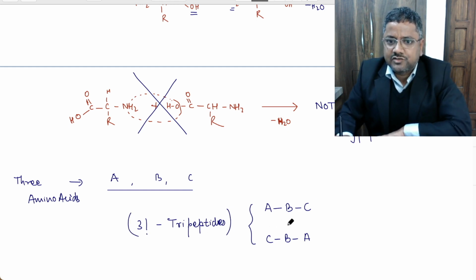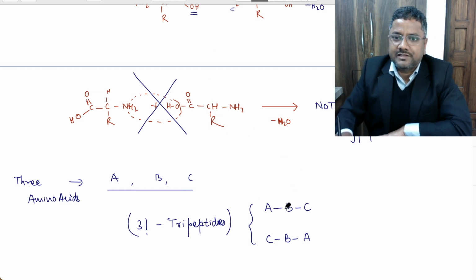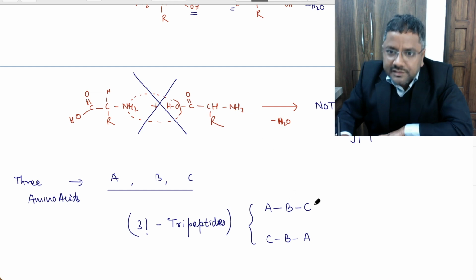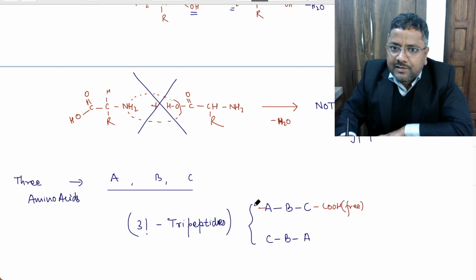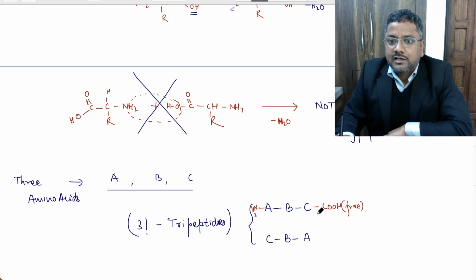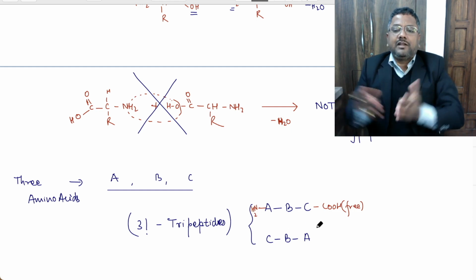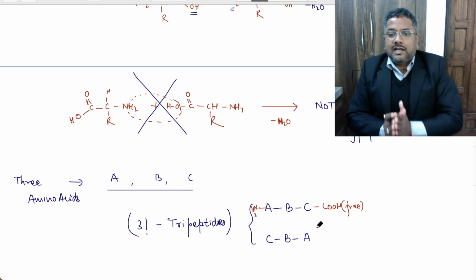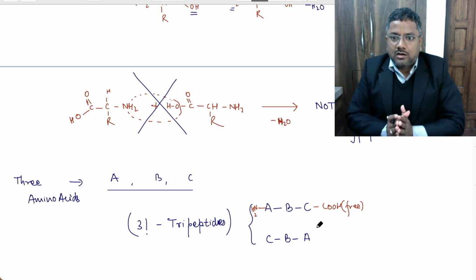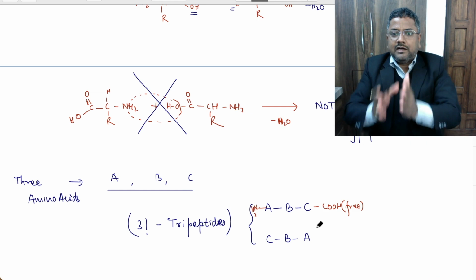I am taking these two examples to explain this difference. If this tripeptide is there, the COOH of this is free, and the NH2 of A is free. This is very important chemistry. Sometimes the examiner will give you the tripeptide in a general code word and ask you to hydrolyze it.